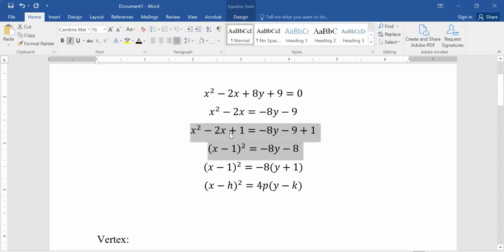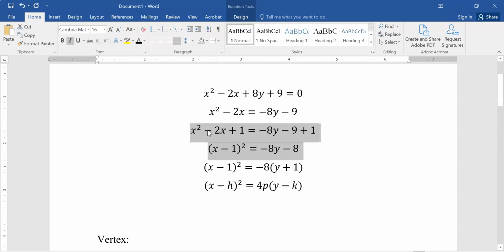That's going to require me adding a 1 to the left and then also adding a 1 to the right. So again, we're thinking about these two simultaneously. That x minus 1 squared is actually x squared minus 2x plus 1.